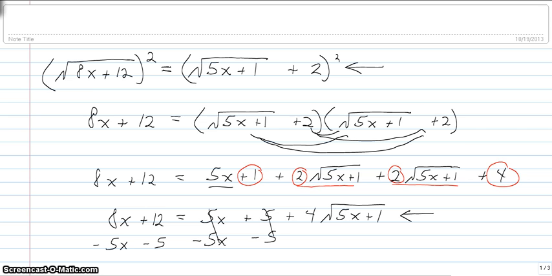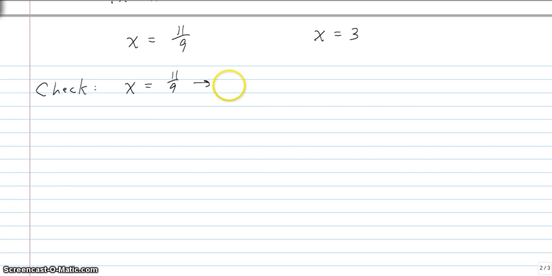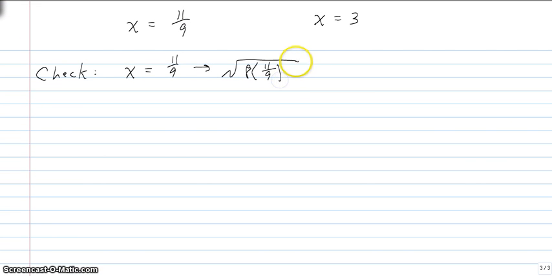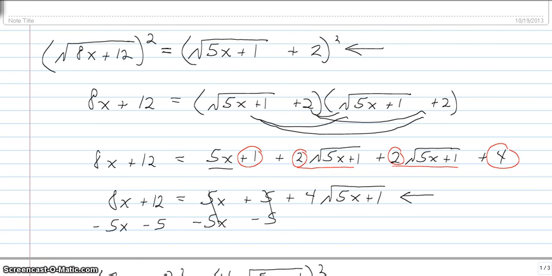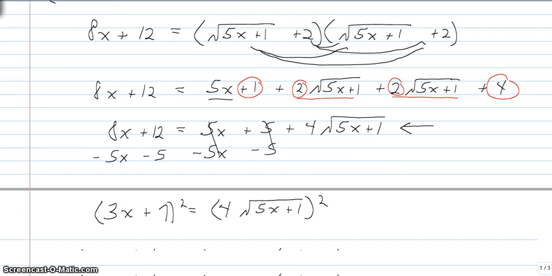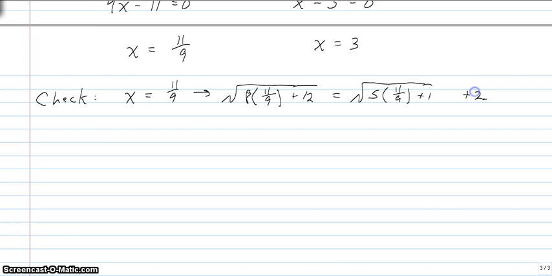So plugging in 11/9: 8 times x plus 12 equal to 5x plus 1 and then plus 2. We've got some arithmetic to do under the radical.